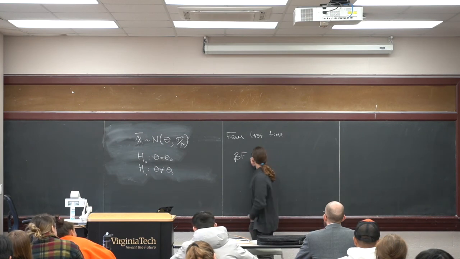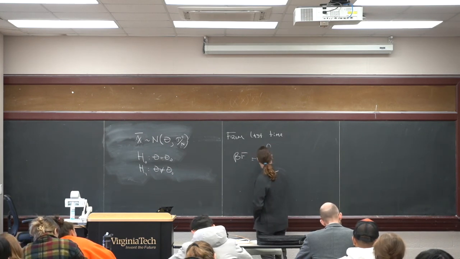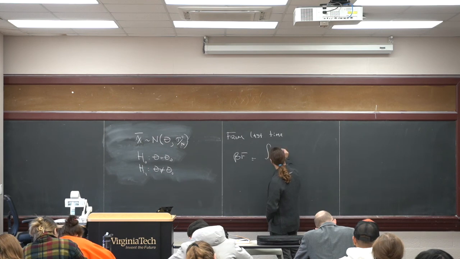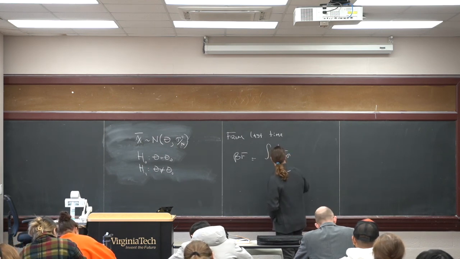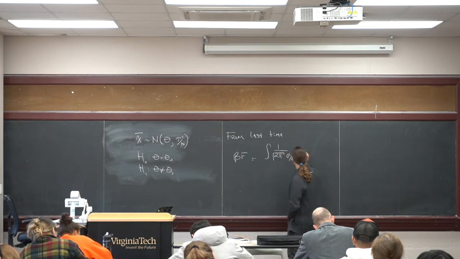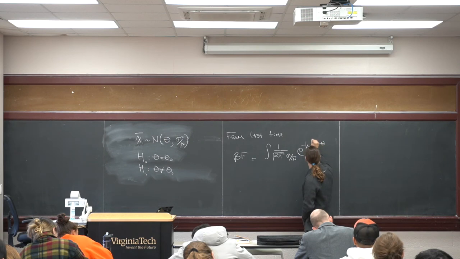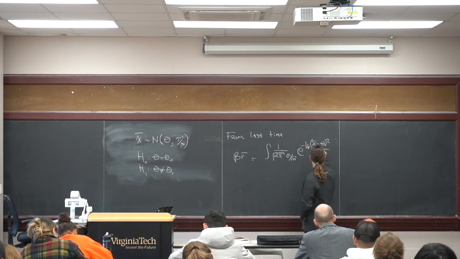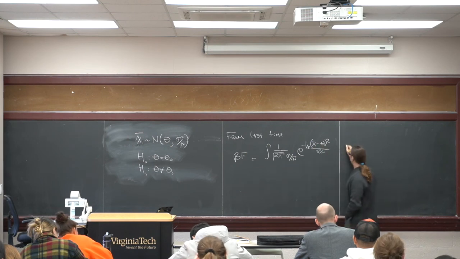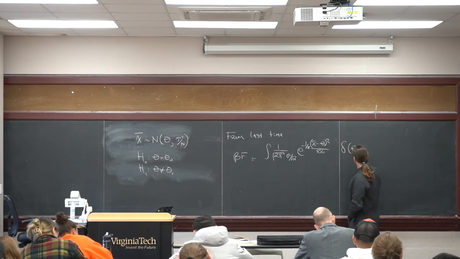So we were working through this Bayes factor. We wanted to work through this thing, square root 2 pi, sigma over root n, e to the minus 1/2 x bar minus theta squared over sigma squared over n, and then I'm going to have this delta function.